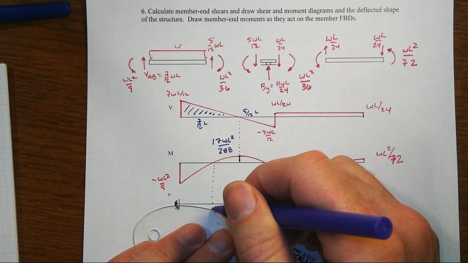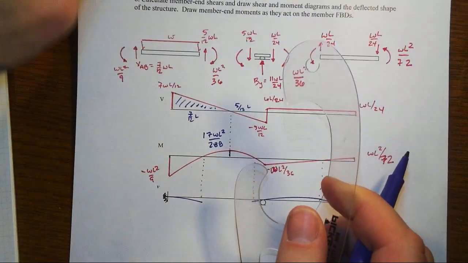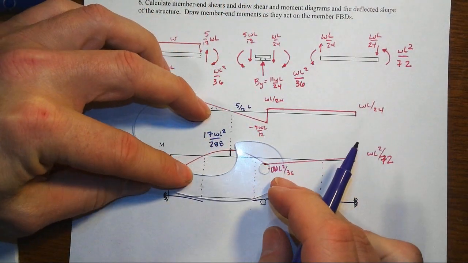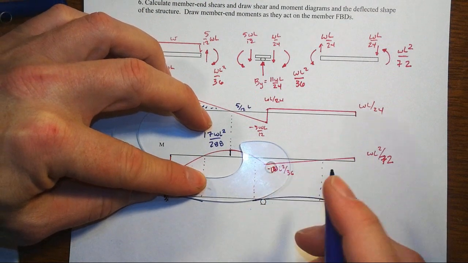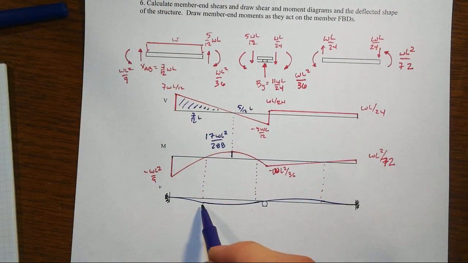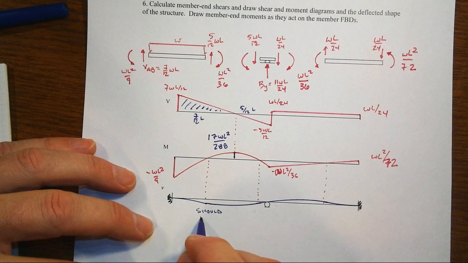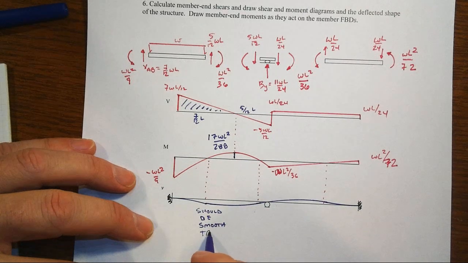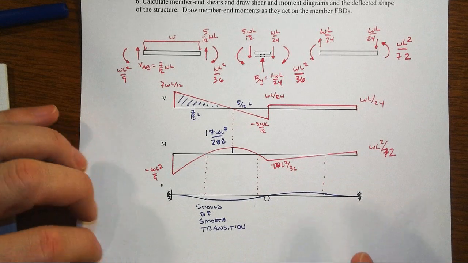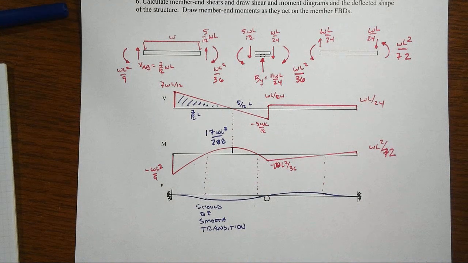Let's not go down too far, make it too difficult to fit the rest of this in. And now we can finish this off. A little bit of a break there. Should have a smooth transition right in that location. And there's our transverse deflected shape. And we got it.